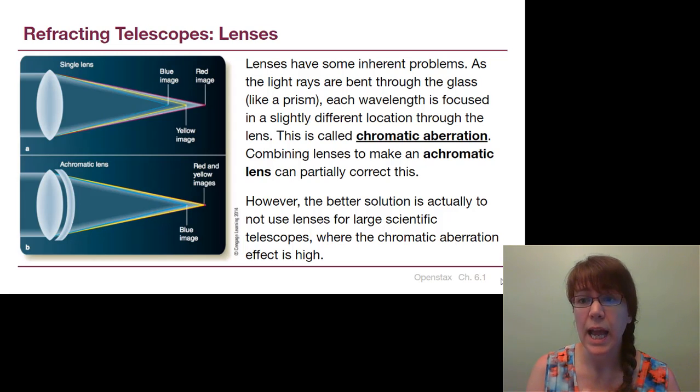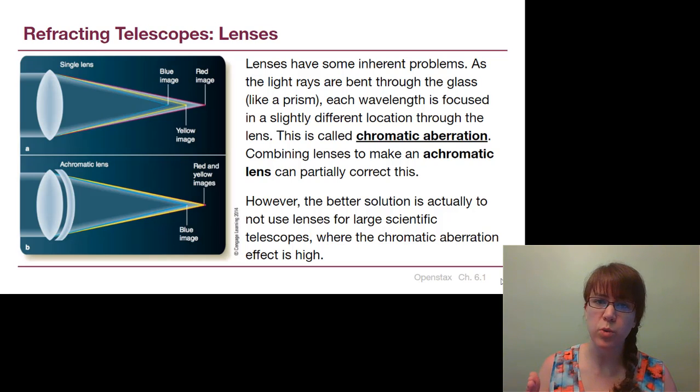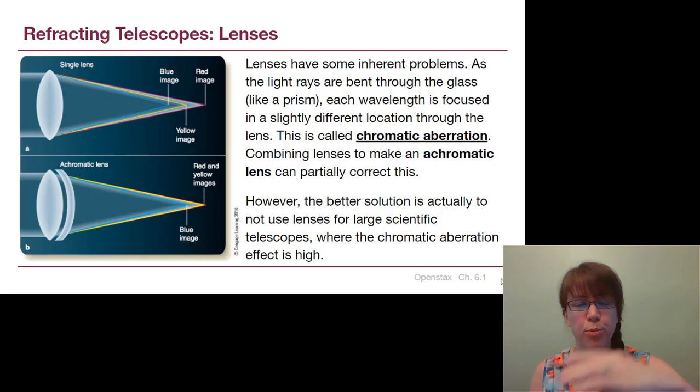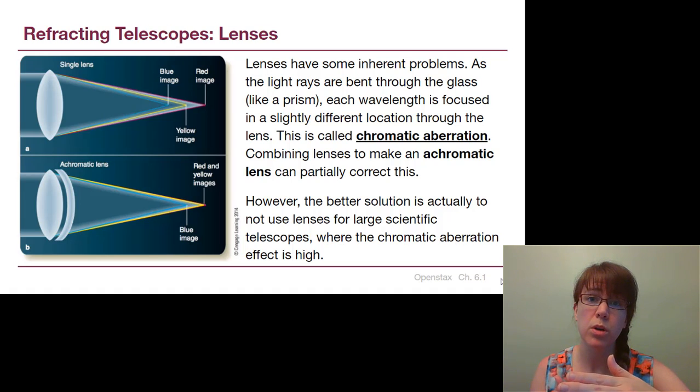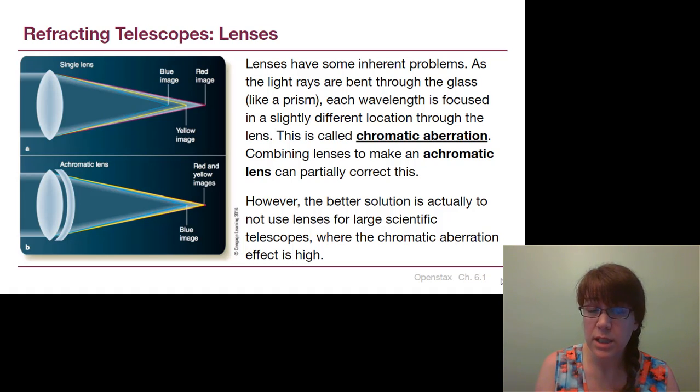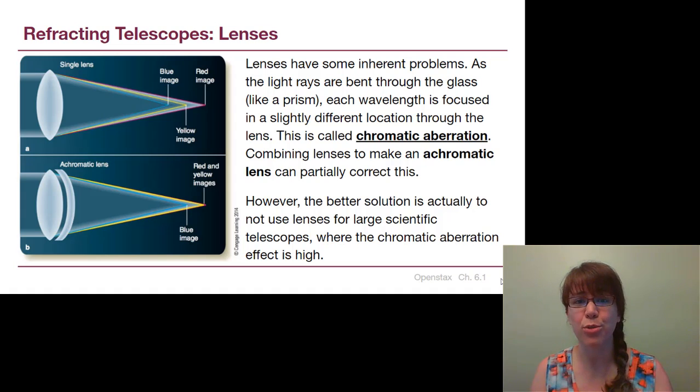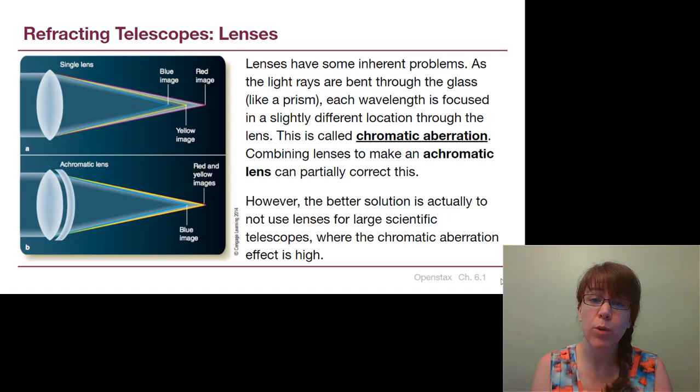Glass lenses have some inherent problems. If we think back to when I reminded us that refraction is what happens when you shine light through a prism and we get that beautiful rainbow, what that means is that when you shine light through a glass lens, it will break up into the rainbow.